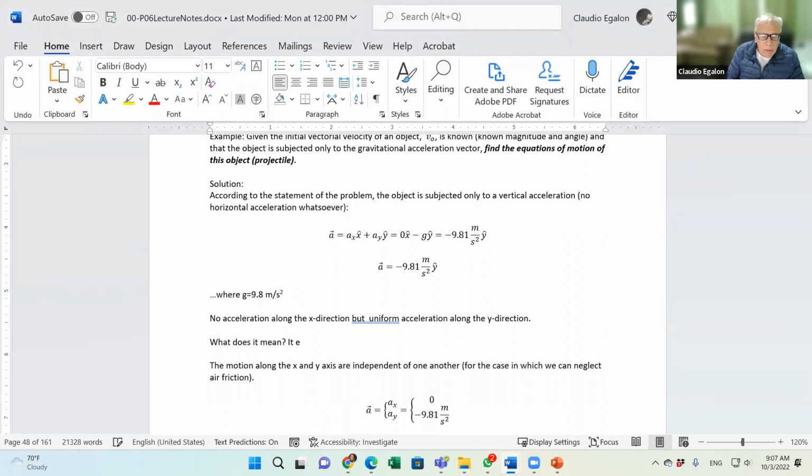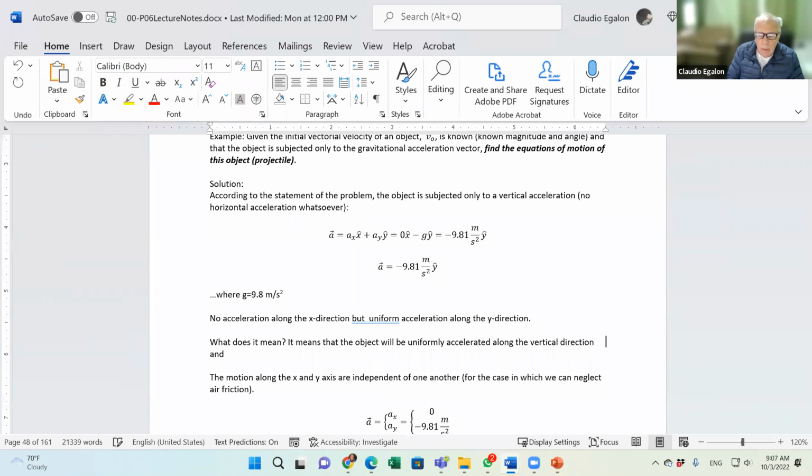It means that the object will be uniformly accelerated along the vertical direction and will have uniform motion, constant velocity.